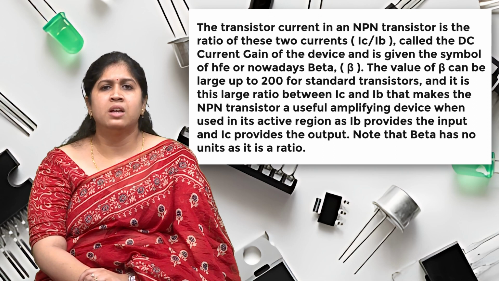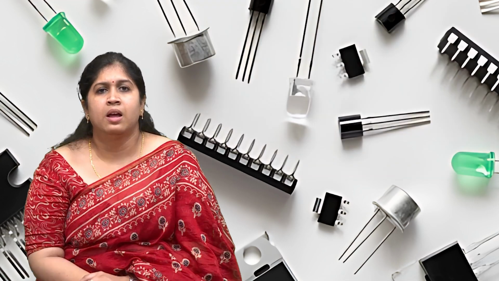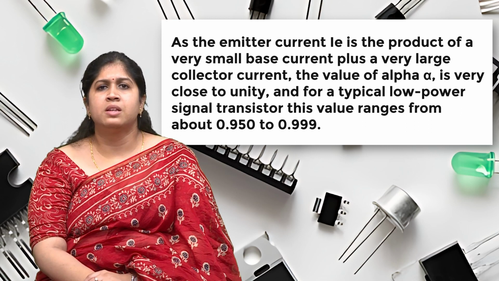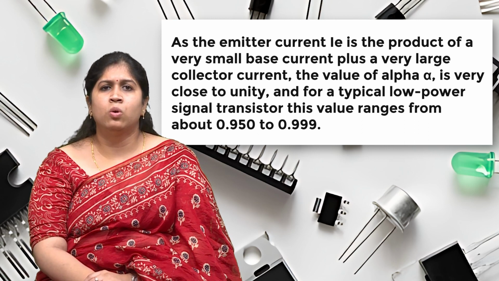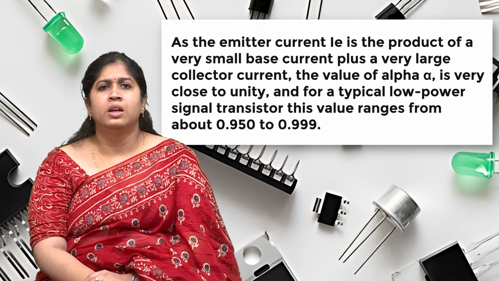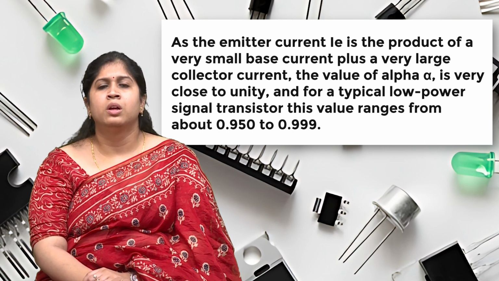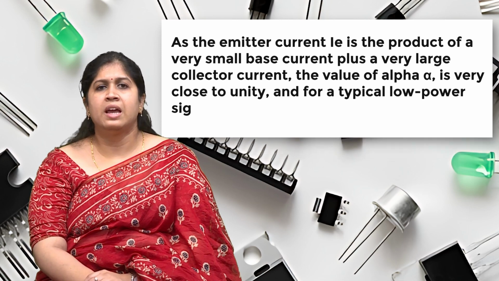Note that beta has no unit as it is a ratio. As the emitter current IE is the sum of a very small base current plus a very large collector current, the value of alpha is very close to unity, and for a typical low power signal transistor, this value ranges from about 0.950 to 0.999.